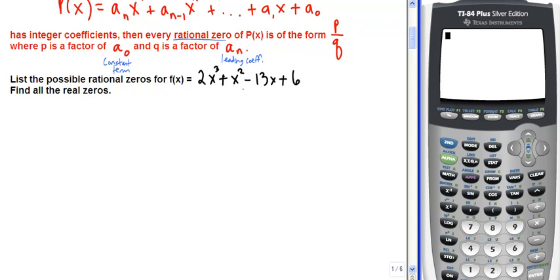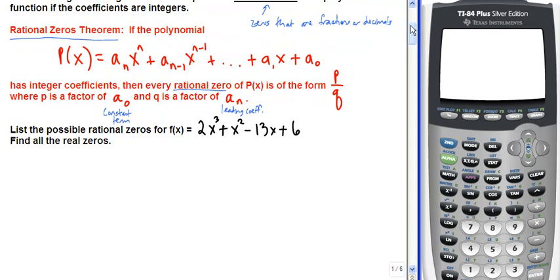So here's a cubic polynomial, 2x cubed plus x squared minus 13x plus 6, and we want to find all of the real zeros. Now before we jump into that, we're going to use this rational zero theorem to make a list of all the potential rational zeros that exist for this polynomial.